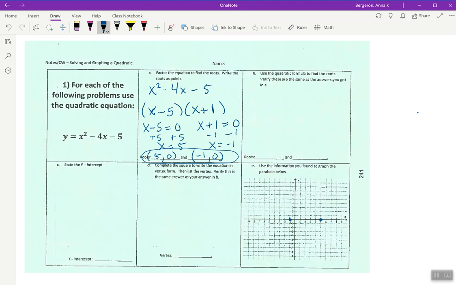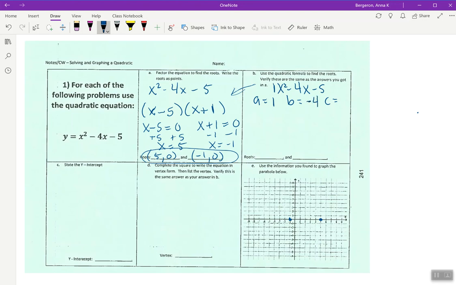So then the next part is to ask us to use the quadratic formula to verify that you get the same answers here. So we're going to use these same x squared minus 4x minus 5. So remember, when we did the quadratic formula, we figured out what a, b, and c are. So a in this case is 1 because there's an imaginary 1 in front of x squared.